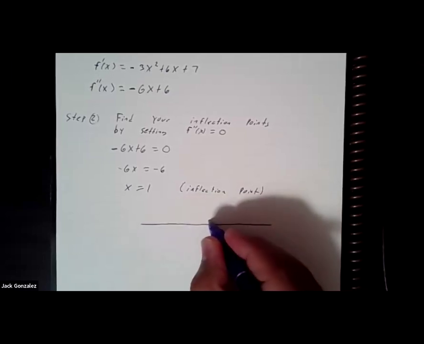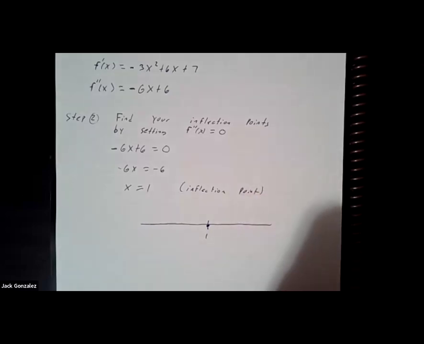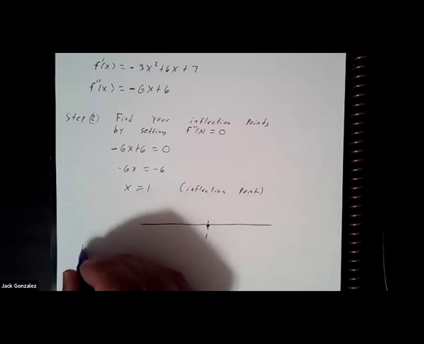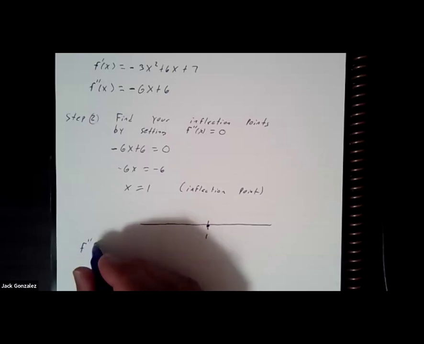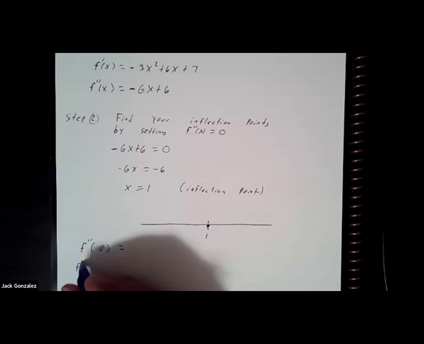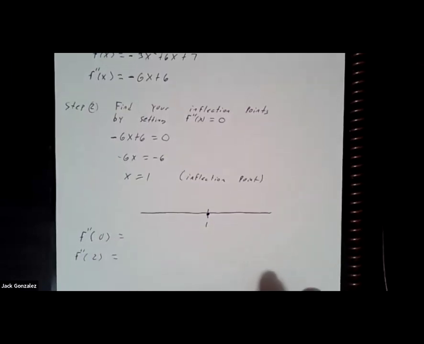Since we know it changes at 1, we'd have to test around it, just like the first derivative test from last time. Plug in a point before, plug in a point after, and see what we get.